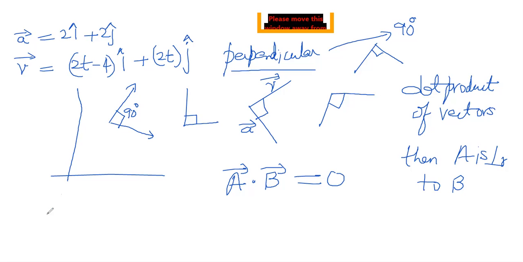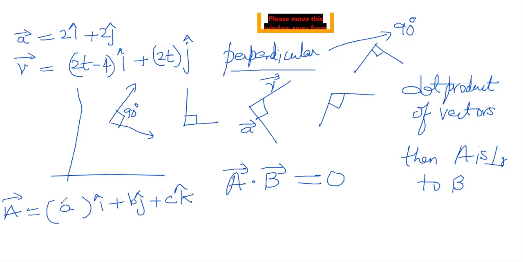This is too easy. A vector A bar looks something like this. It will have some number here. Let us write that as A i cap plus B j cap. If it is a three-dimensional vector, it will have a third term also, C k cap.